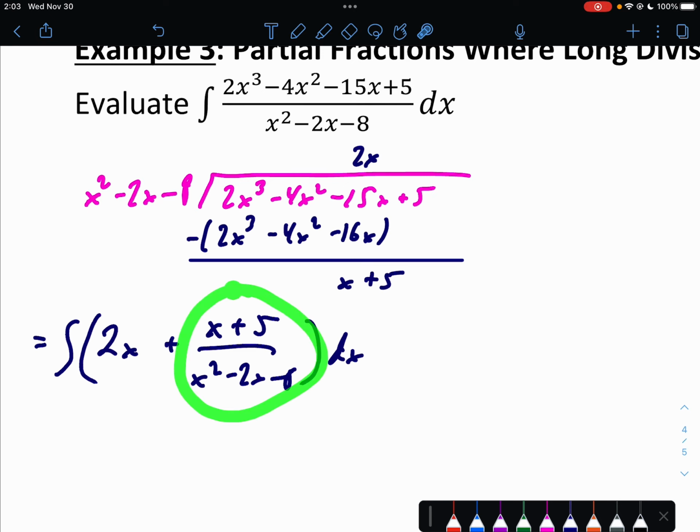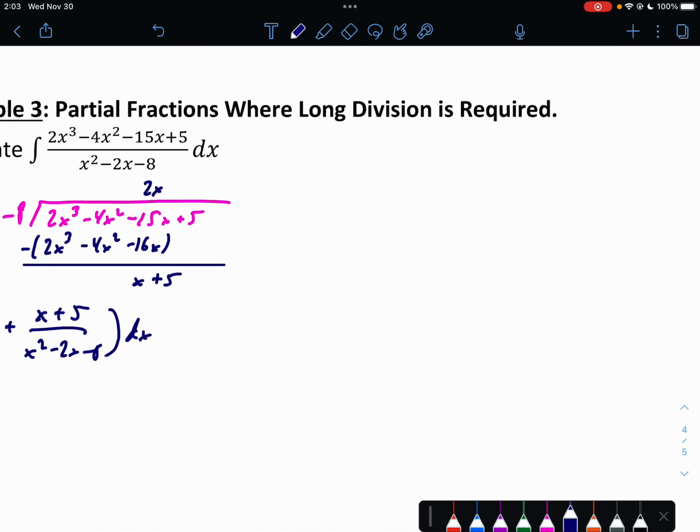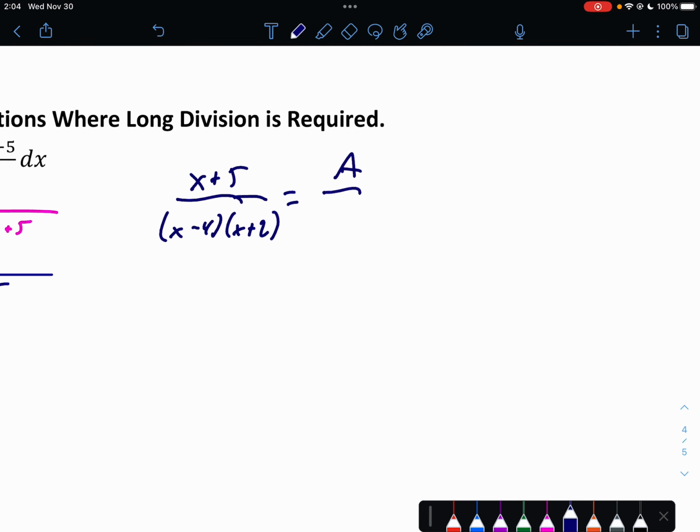And this is what we'll use partial fractions on. So, setting up my partial fractions here, I get x plus 5 over x minus 4 times x plus 2 equals a over x minus 4 plus b over x plus 2.